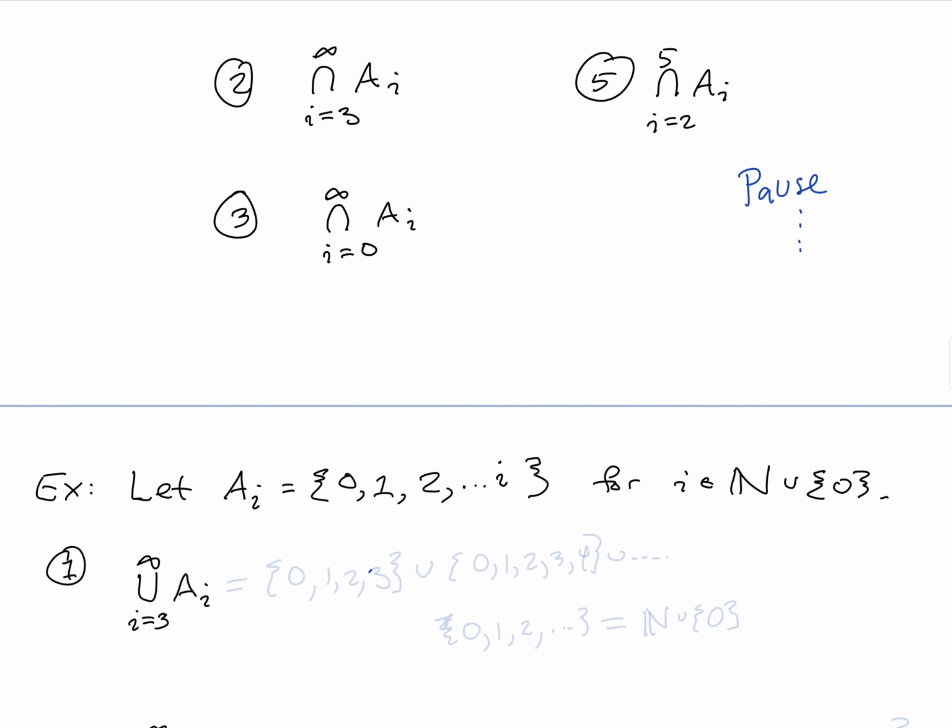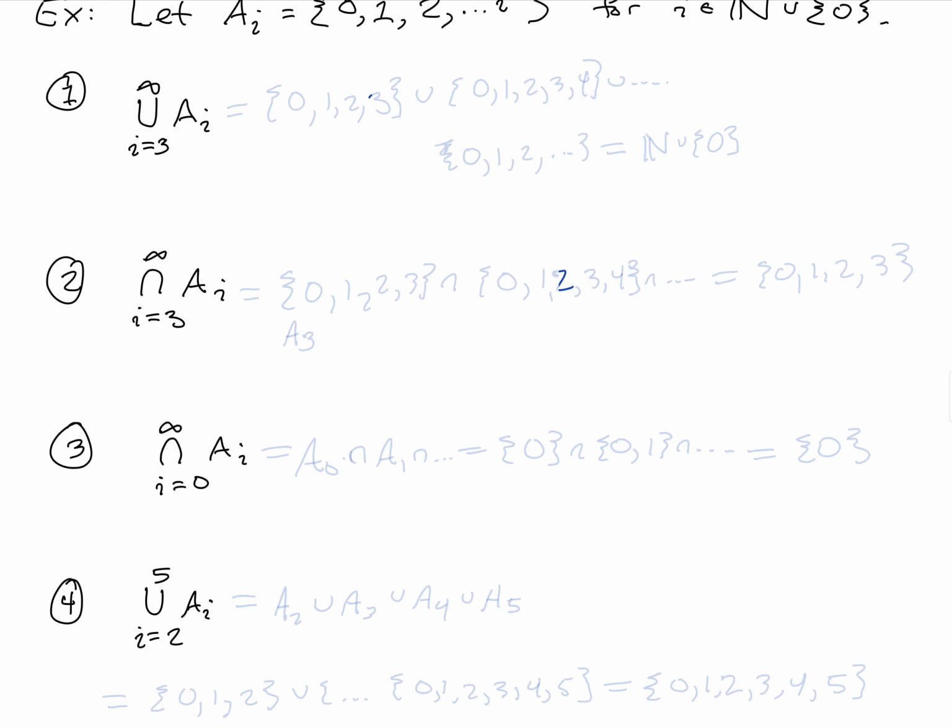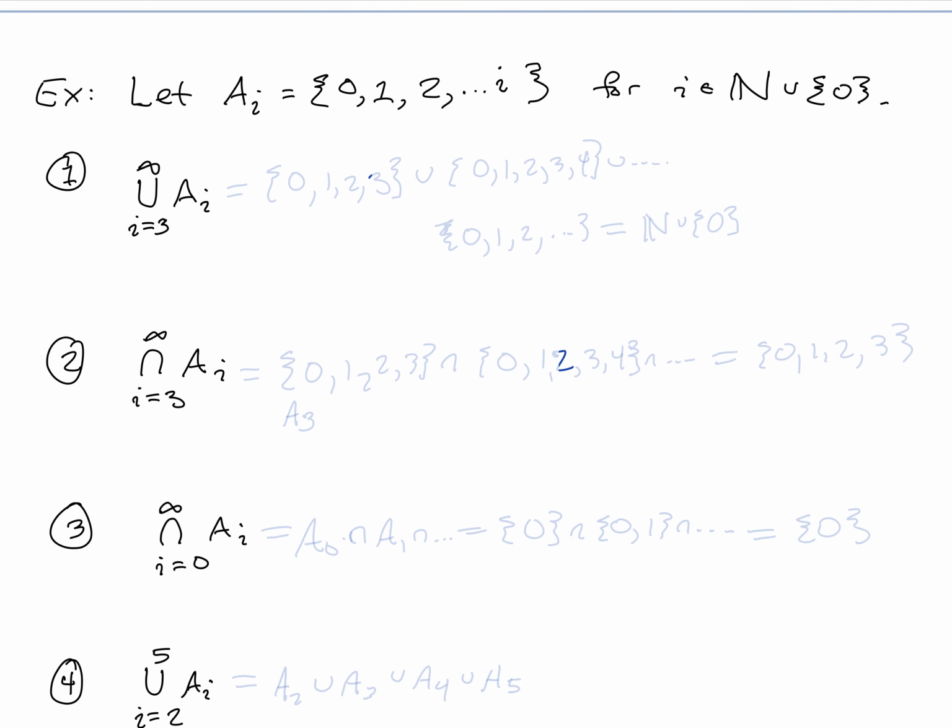All right, so our set A_i is the set of integers between 0 and i for each i in the natural numbers as well as i equals 0. So if we were looking at the union from i equals 3 to infinity of the A_i, then A3 would be 0, 1, 2, and 3.